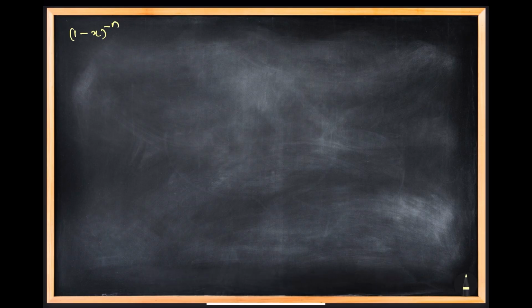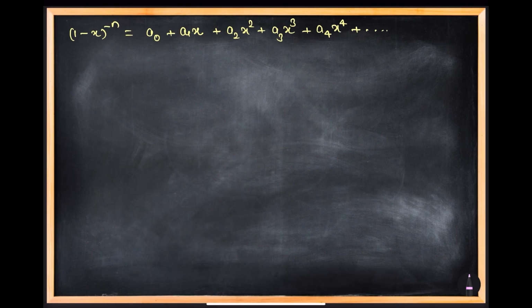Okay, so suppose that if we expand this thing, what will happen? We will have a constant a naught, and then a1 x, a2 x square, a3 x cube, a4 x power 4, and so on till infinity. Okay, so you have to observe the behavior of 1 minus x power minus n.